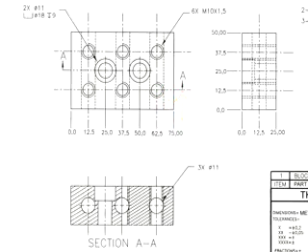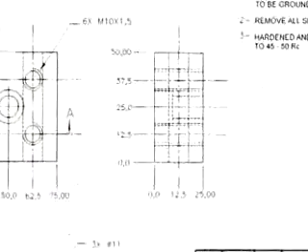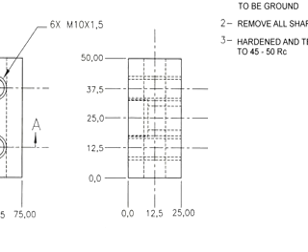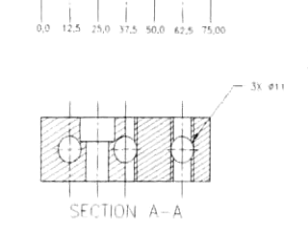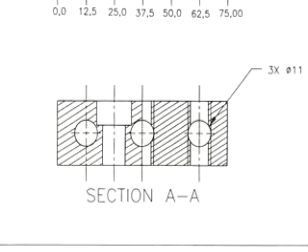Now, if you take a quick look over at the right side view, you'll see what a jumble of hidden lines and center lines we end up with because of the number of holes, counterbores, and threaded holes that are in the part. Now take a look at our bottom view, the one that has been sectioned, and you'll notice that it is a lot easier to understand.